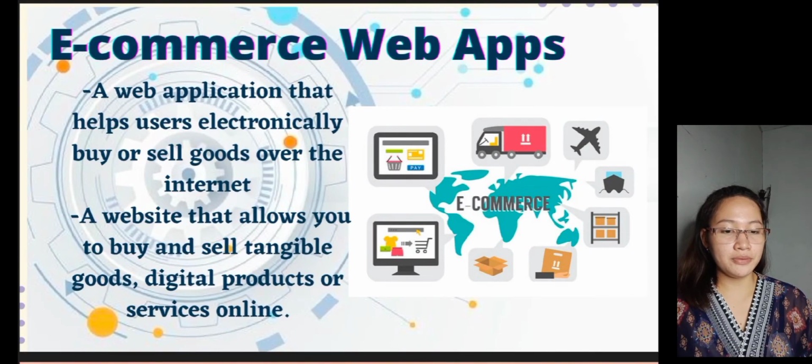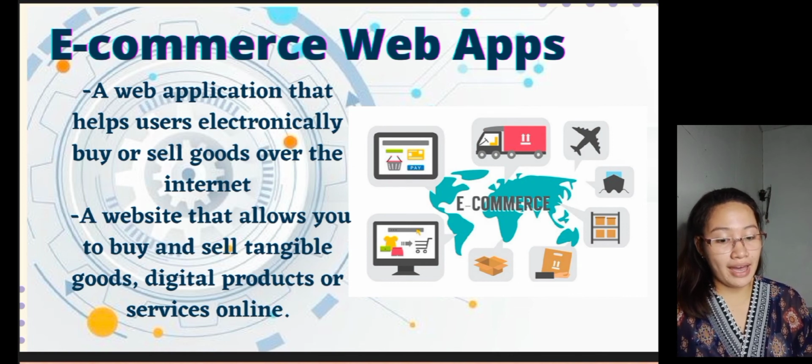Next is the e-commerce web app. This type of web application helps users electronically buy or sell goods over the internet, or a website that allows you to buy and sell tangible goods, digital products, or services online.